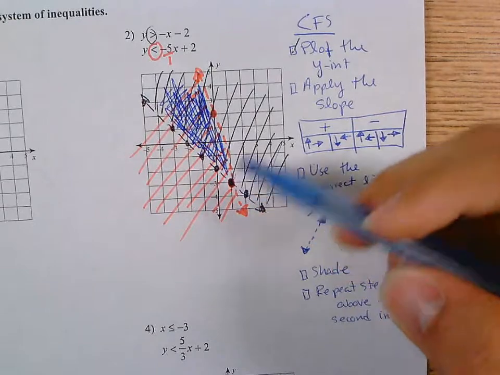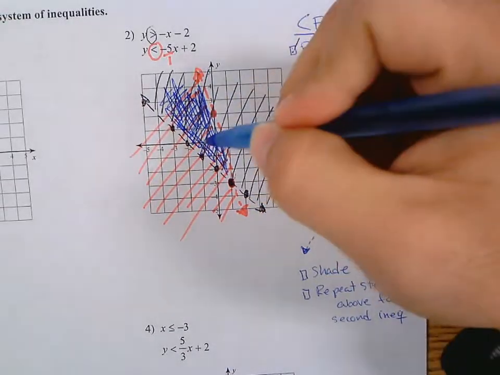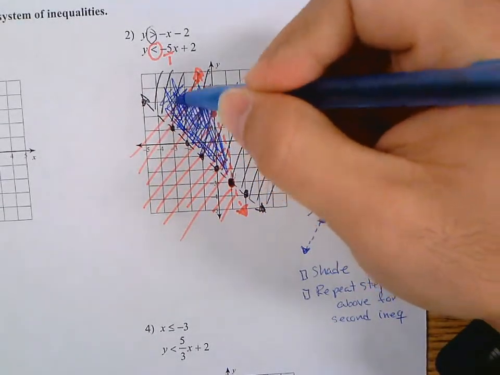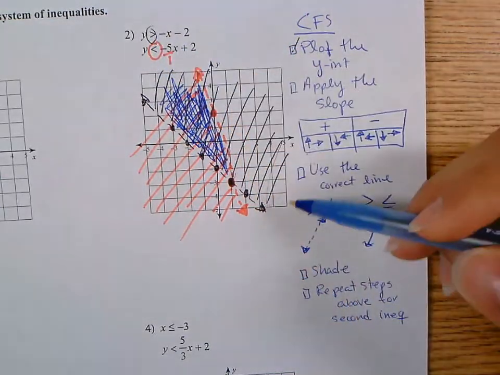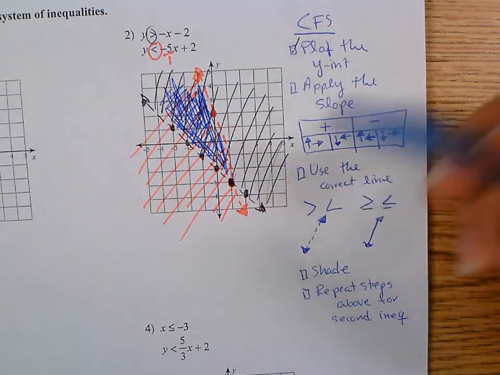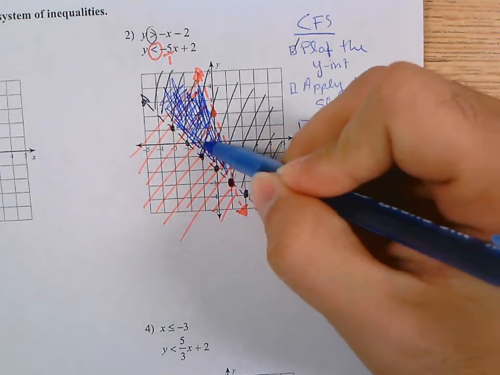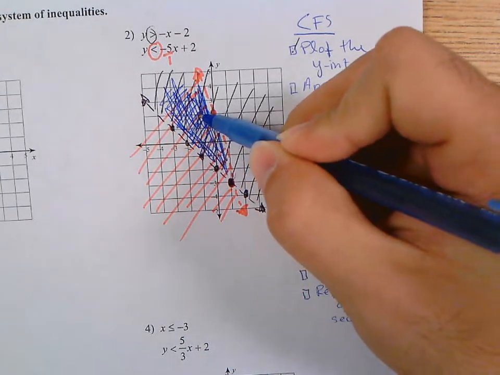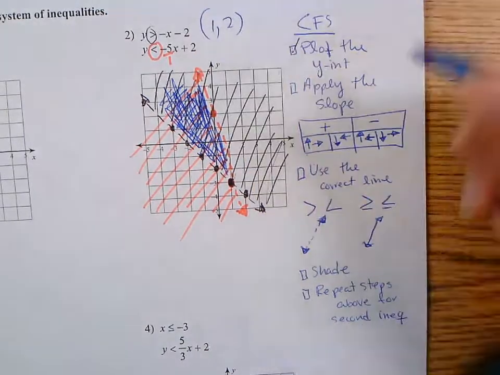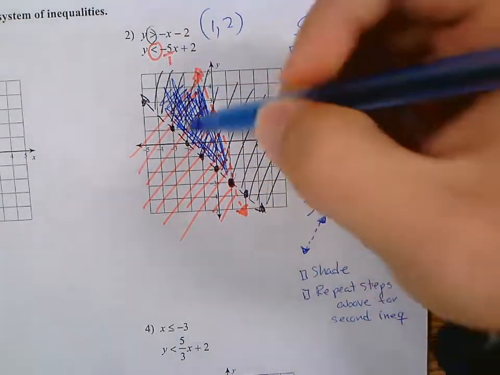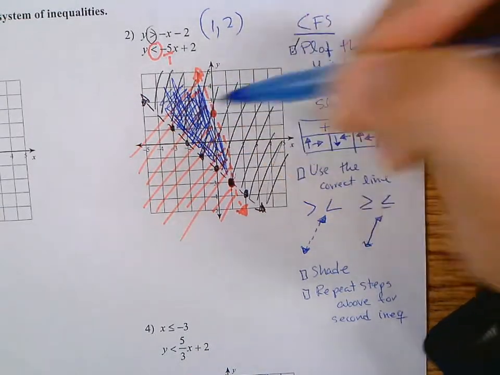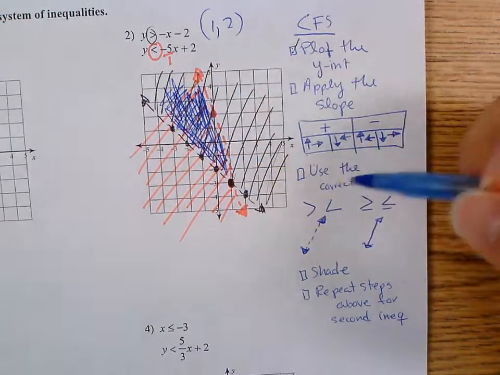So what that means is that any point that I pick that falls into this overlap shading will make this system of inequalities true. I'll give you one example. (1, 2) will be one of the points that makes both inequalities true because it falls where the shading is overlapped.